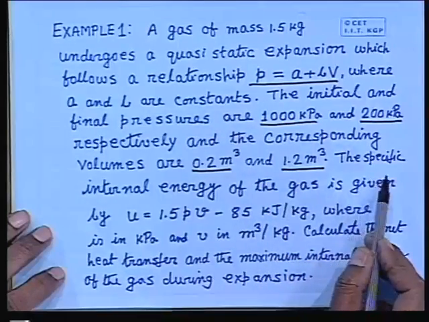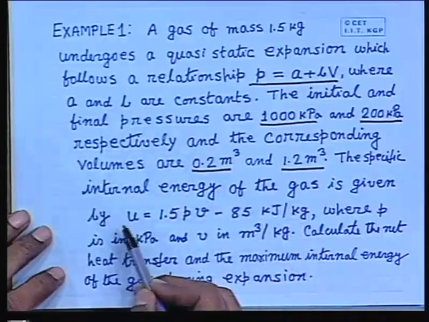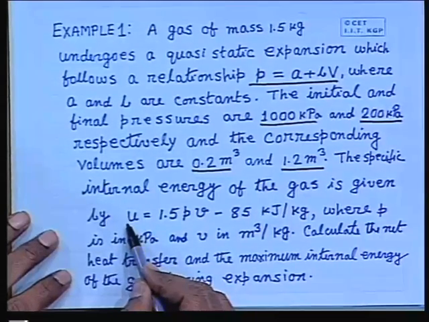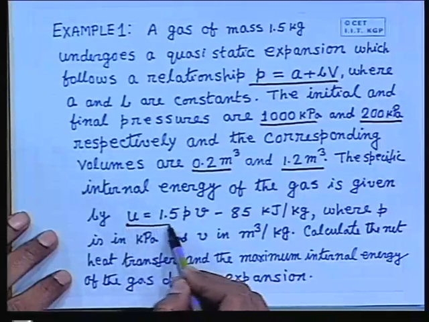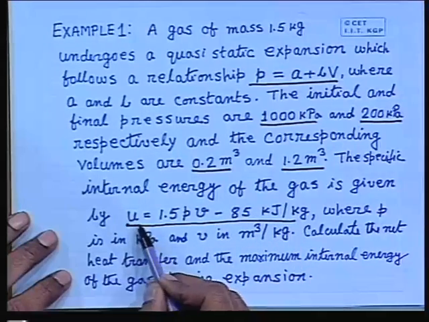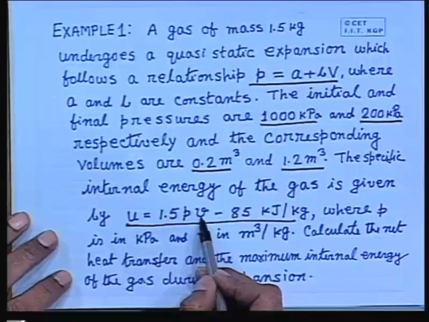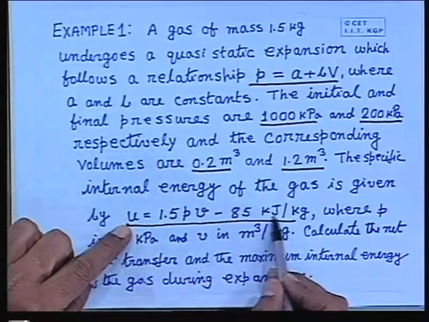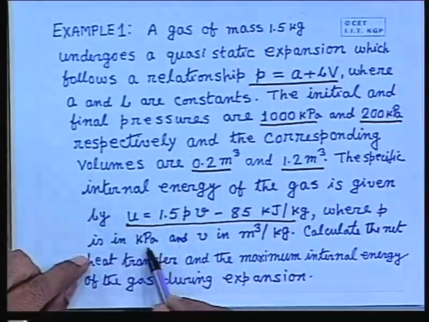Well, the specific internal energy of the gas is given by, now I told you earlier that regarding this internal energy, how does it relate with the pressure and volume, this we will see afterwards, but at the present moment we will assume a relationship which is given as U is equal to 1.5 PV minus 85, where V is the specific volume and P is the pressure. This U is expressed in kilojoule per kg, provided we substitute P in this equation in kilopascals, and V in meter cube per kg.